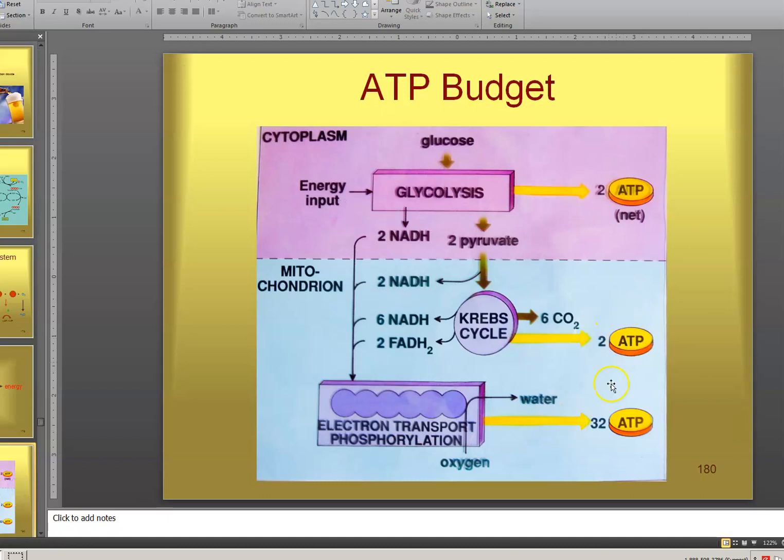However, one glucose molecule generates enough NADHs and FADH2s to produce 32 ATPs. So the total number of ATPs that we get from one glucose molecule is 36 ATPs. 36 ATPs from one glucose molecule.